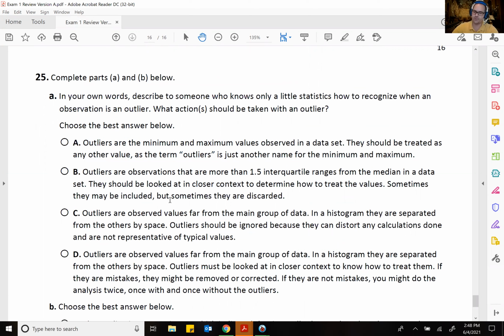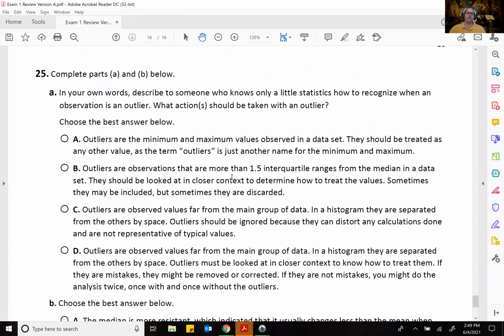There's a part A and a part B. In your words, describe to someone who knows only a little about statistics how to recognize when an observation is an outlier, and then tell us what actions should be taken with the outlier. So part A, let's talk about outliers. Which one of these is the best way to describe an outlier to someone who knows very little about statistics?